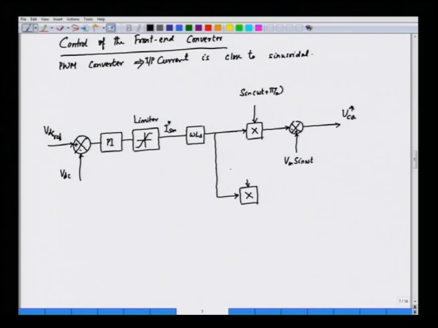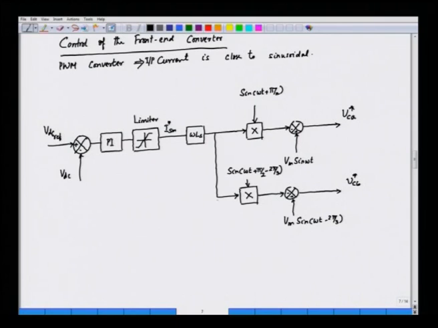Now, here what we do, we multiply sin(omega t plus pi by 2 minus 2 pi by 3). And then we have the voltage in this case, Vm sin(omega t minus 2 pi by 3), and what we obtain here is VCB reference.